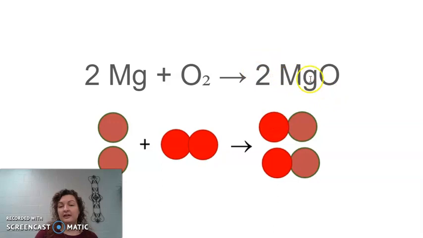So do you see how I did that? One magnesium, because there's a one here, oxygen, there's a one here. So I have one bright red, one dark red, and then I have a second one because I have two of these. And notice I drew them touching because that is a chemical compound, but I don't have all four touching because I have clearly two separate compounds there, okay?